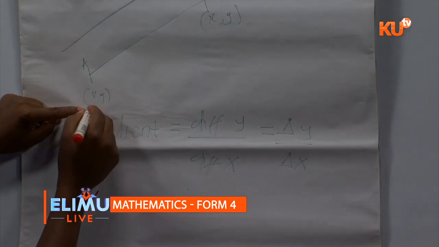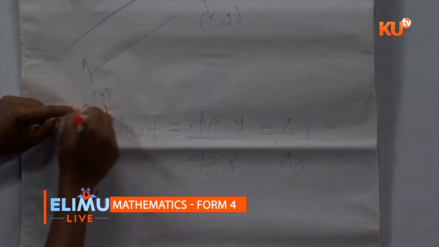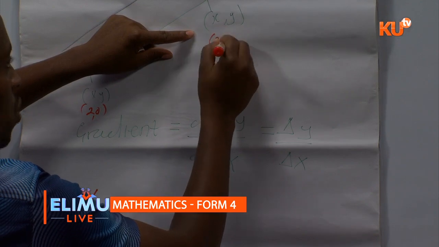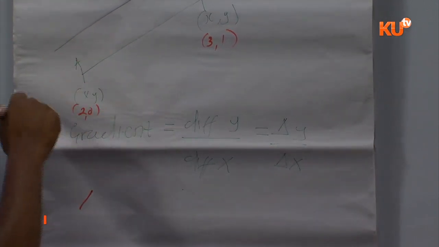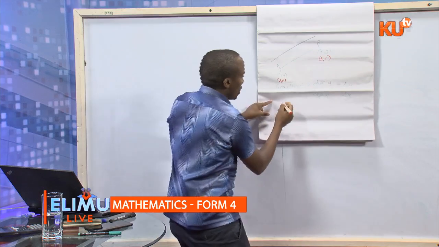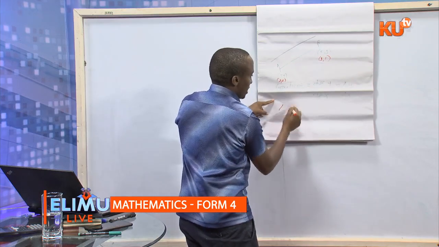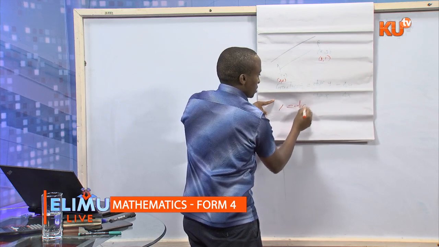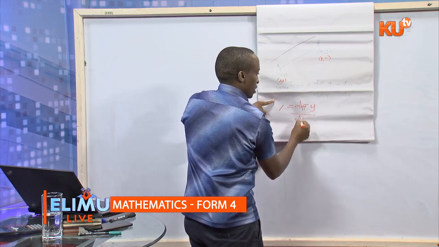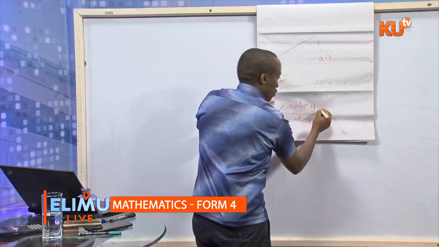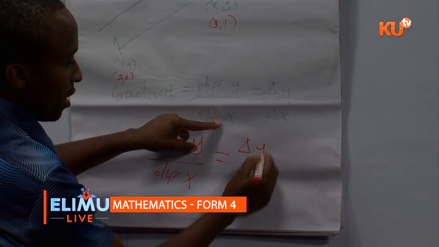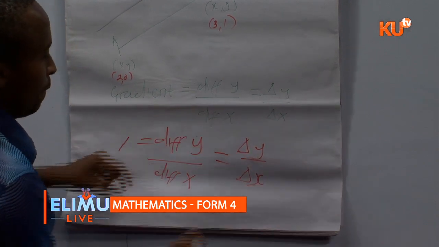Let us assume the coordinates are maybe 2, 0 and 3, 1. We can find the gradient of this line AB. The gradient of this line is given by the difference in y divided by the difference in x, which is the change in y over the change in x.